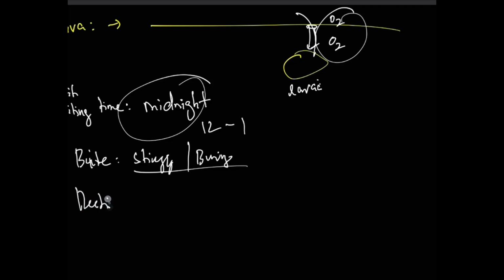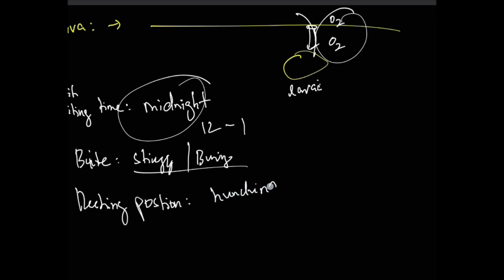The resting position differs from Anopheles. In Anopheles, the resting position is inclined. In Culex, the position is hunching back, due to the absence of a neck.